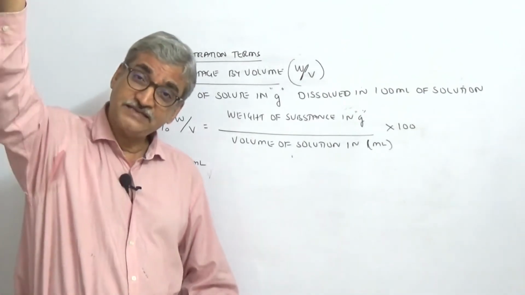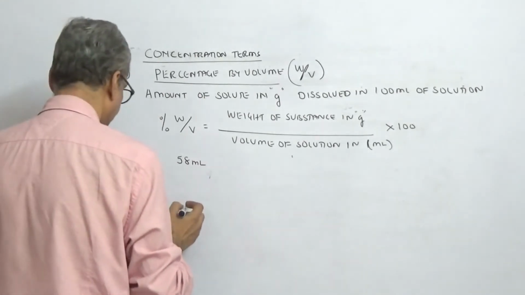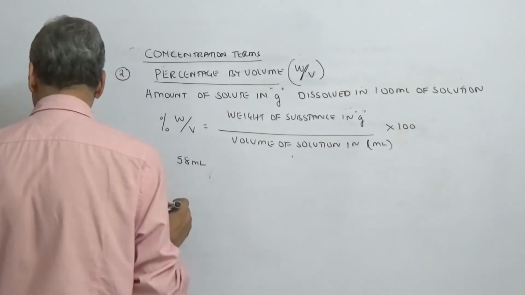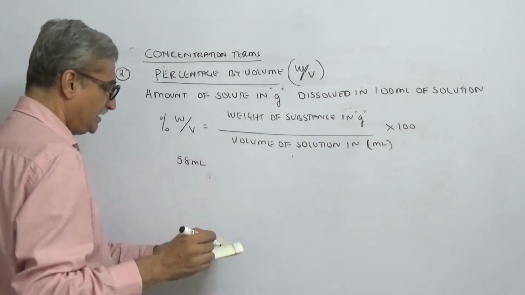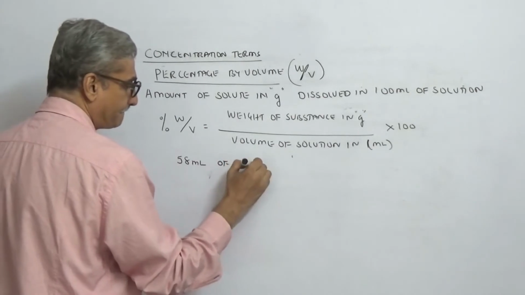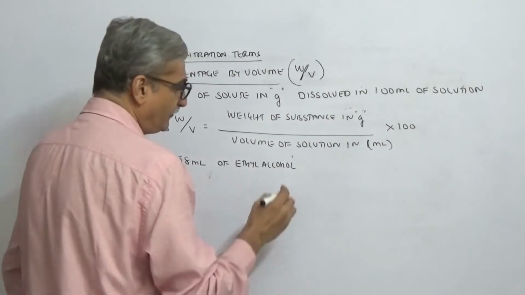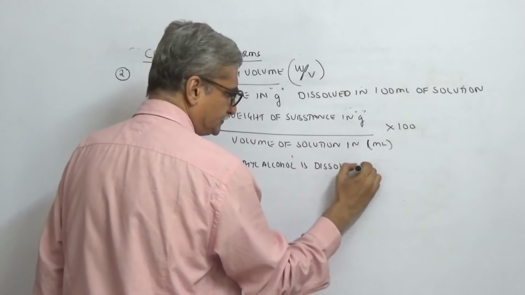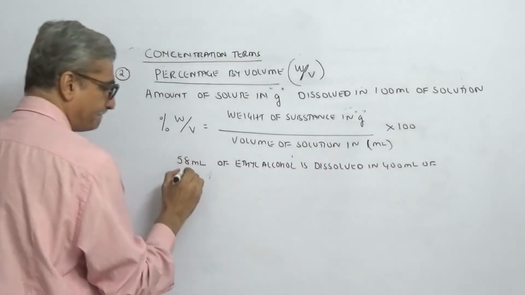But the question they will ask in organic chemistry. I'll write the sum, then you will understand what I am saying. 58 ml of ethyl alcohol is dissolved in 400 ml of water.